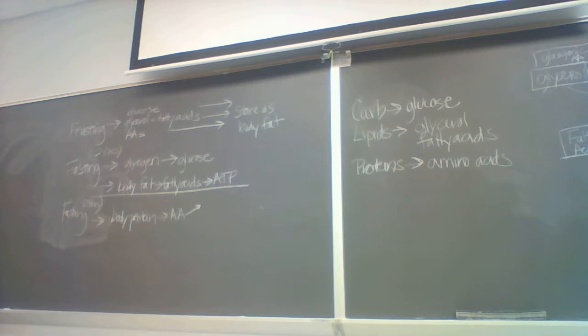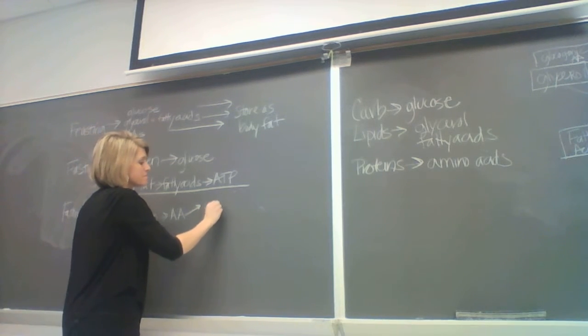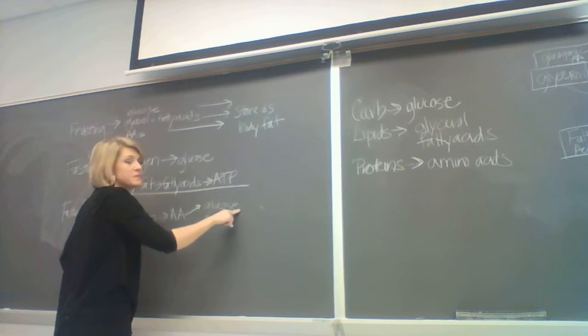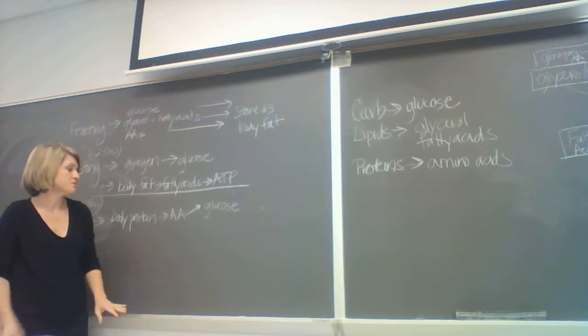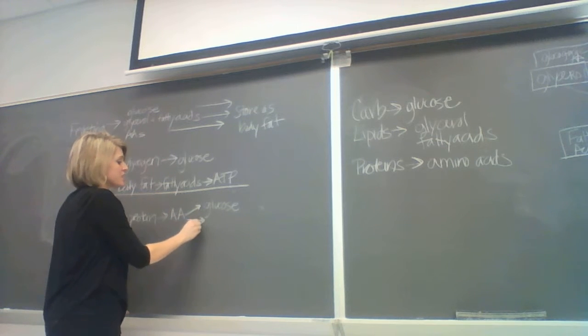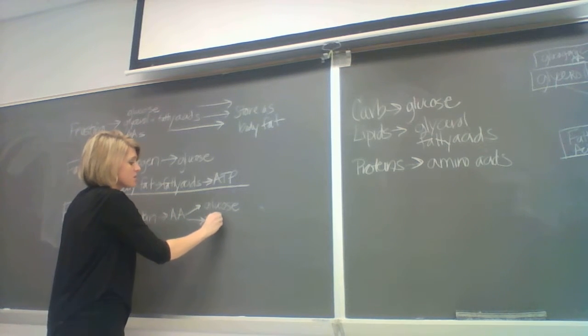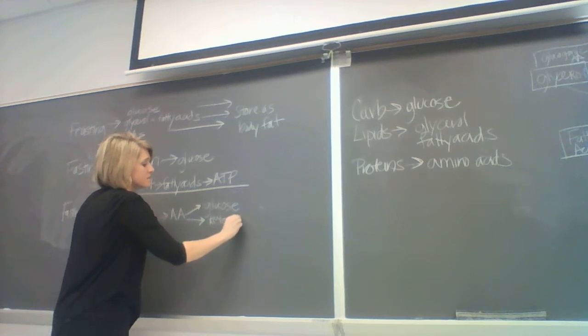And the glucogenic ones, you'll get some glucose from. And that will be used to fuel your brain and nervous system, those cells that can only use glucose. Your ketogenic ones, you'll get something called ketone bodies.